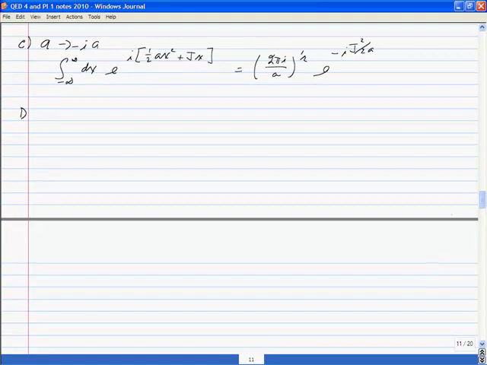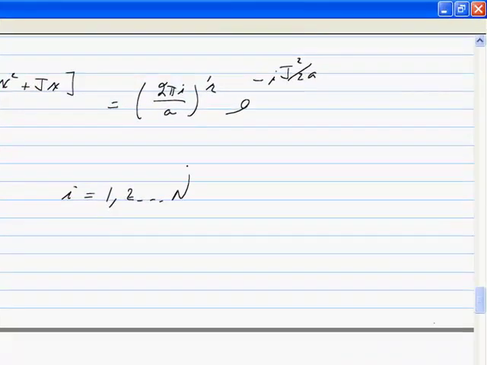Now, let's try many variables. Okay, so I'm going to take x goes to x_i with i equal to 1 up to n.